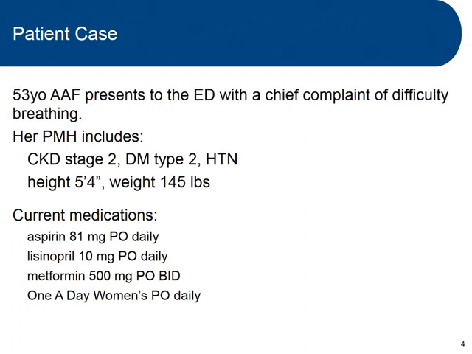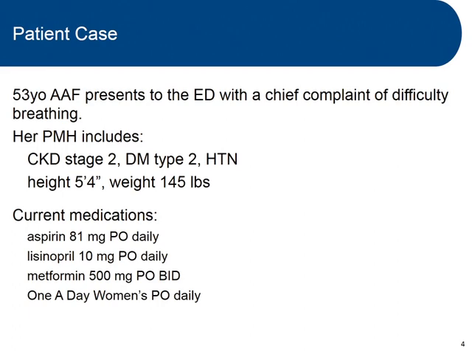Her current medications are aspirin, 81 milligrams by mouth once a day. Aspirin in this case is likely being used as primary prevention of coronary events given her history of diabetes and hypertension. She's also on lisinopril, 10 milligrams by mouth once daily.